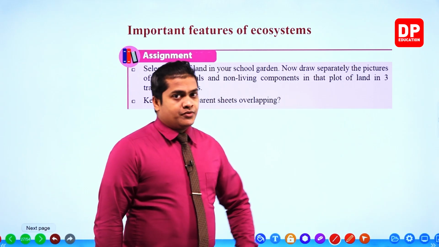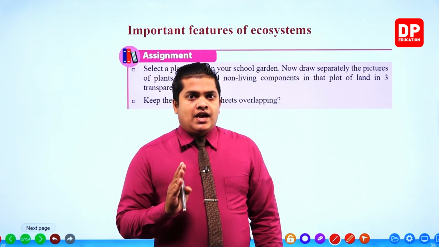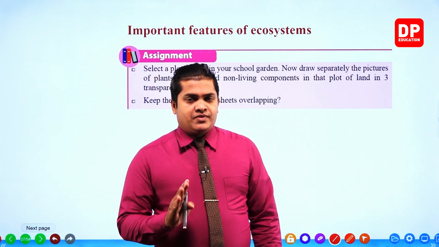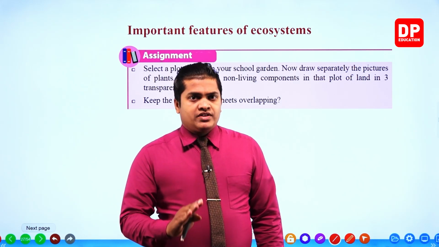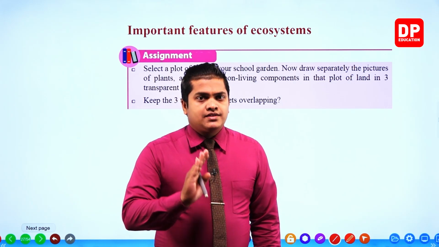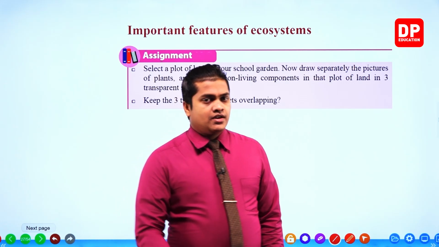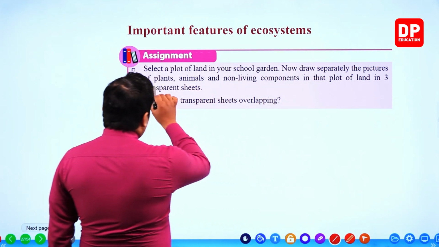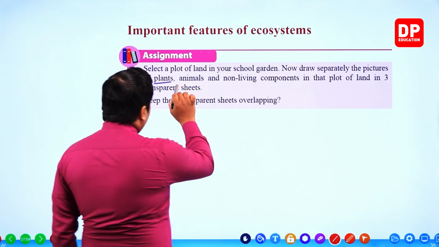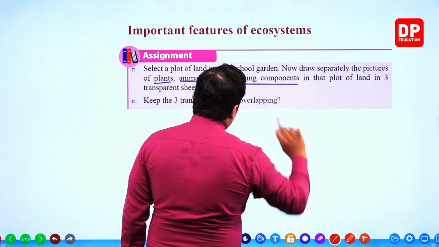So you have to select 3 transparent sheets, and within these transparent sheets, my dear children, you have to draw the 3 components that we can observe within that certain land. Those 3 components are, number 1, what is that? The plants, then animals, then non-living components.